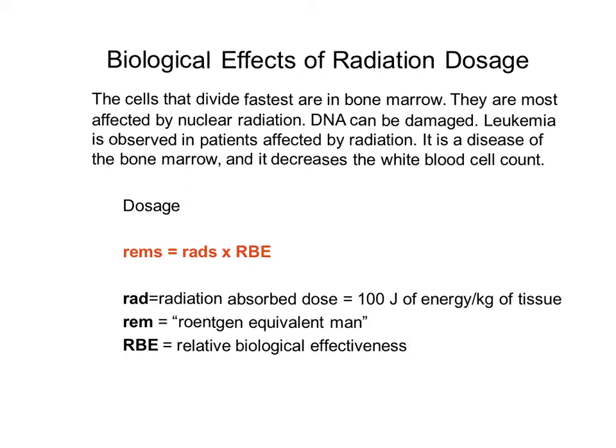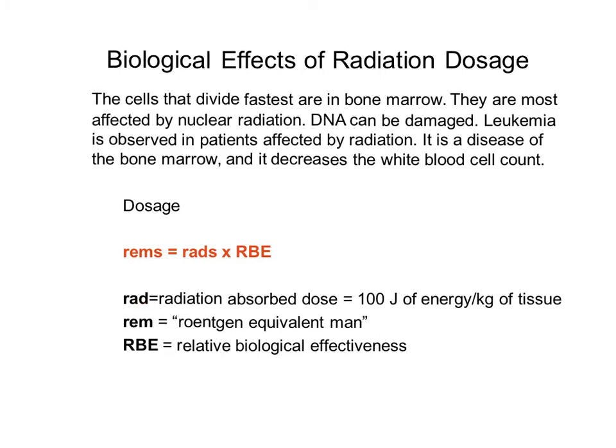You get the absorbed dose in 100 joules of energy per kilogram of tissue, and then you got to multiply it times the RBE. Now, by the time we got to Fukushima, the power plant that melted down in Japan, I don't know when that was, within the last 10 years probably, instead of rads, it was sieverts.